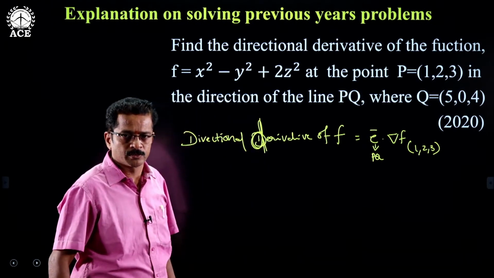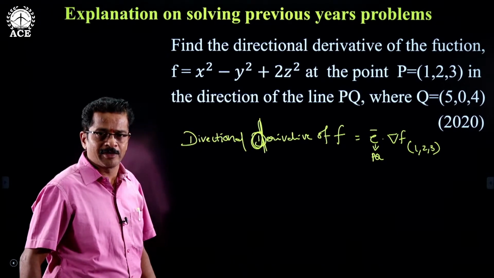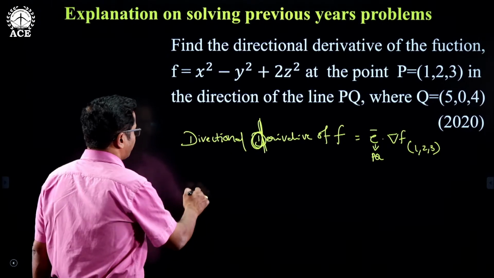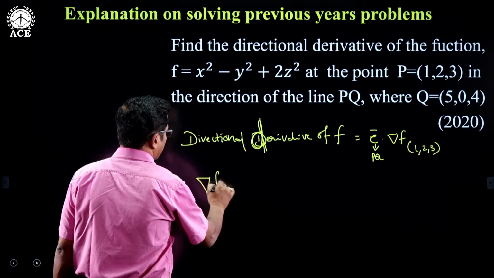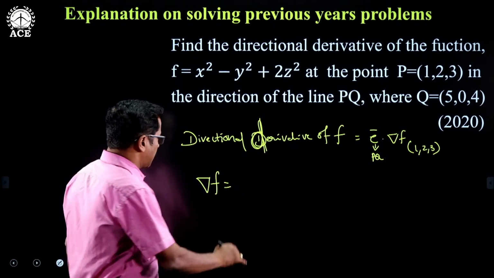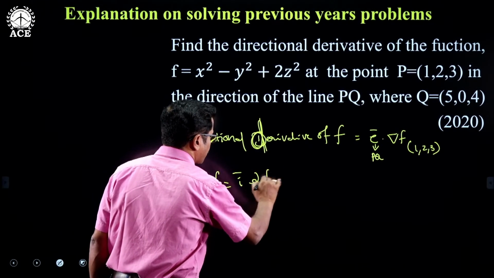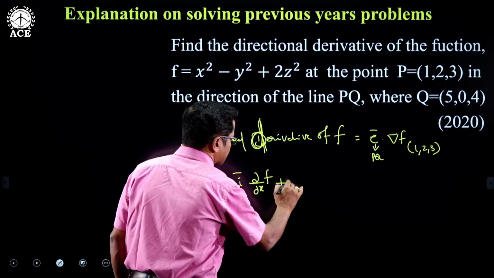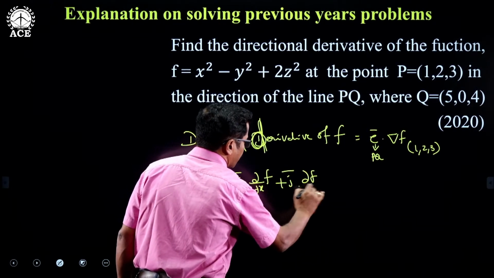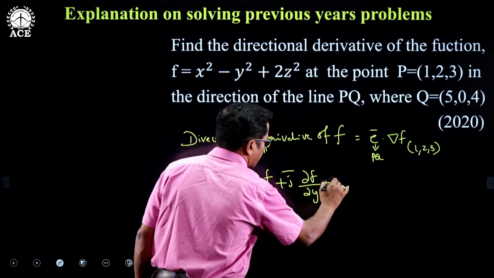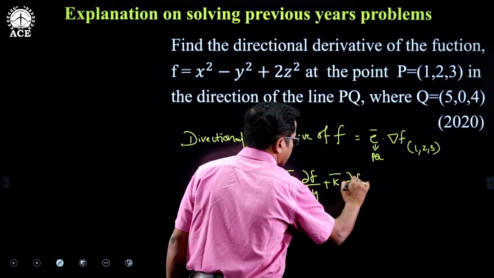Now first try to evaluate del F. Del F equals I bar into dou F by dou x, plus J bar into dou F by dou y, plus K bar into dou F by dou z.